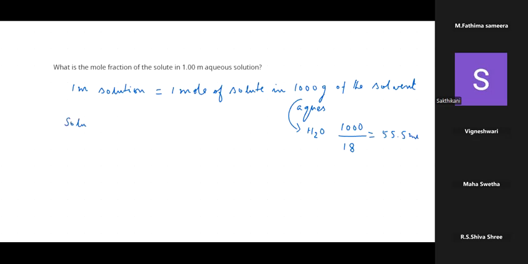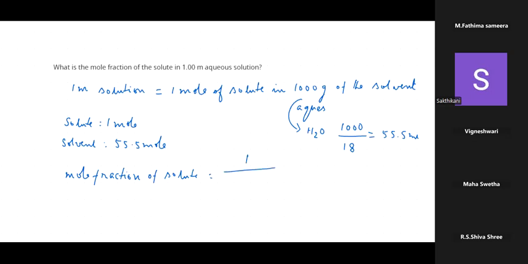So solute is 1 mole, solvent is 55.5 mole. You want to calculate the mole fraction of solute. So the mole fraction of solute is the number of moles of solute divided by the total number of moles, 55.5 plus 1.